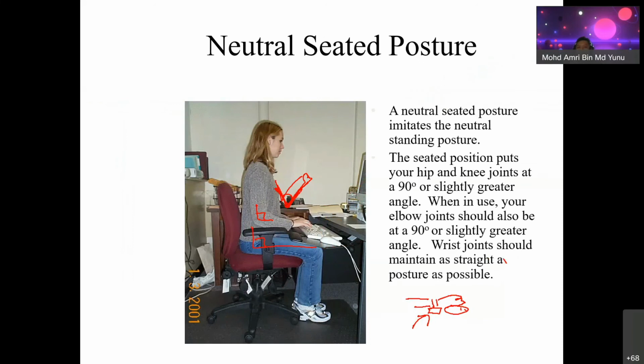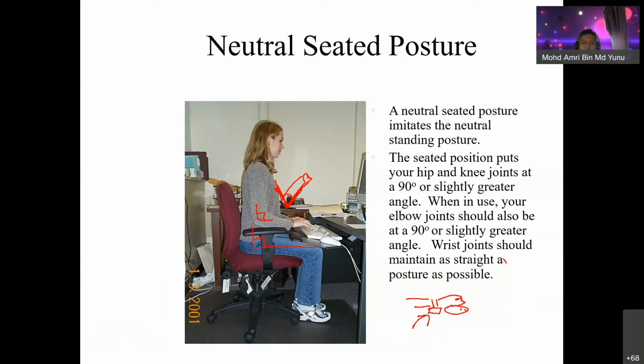The neutral seated posture basically imitates the neutral standing posture. In the seated position, put your hip, lower back, and knee joint at 90 degrees or slightly greater. When in use, your elbow joint should be at 90 degrees, so at level basically, and use an armrest to support your elbow.